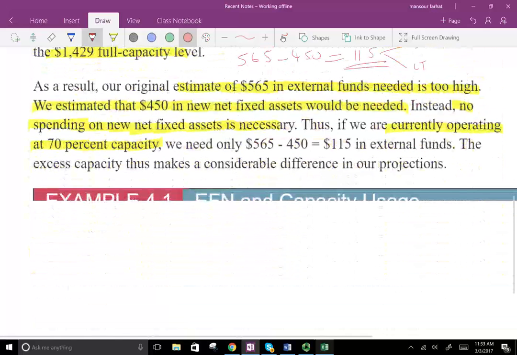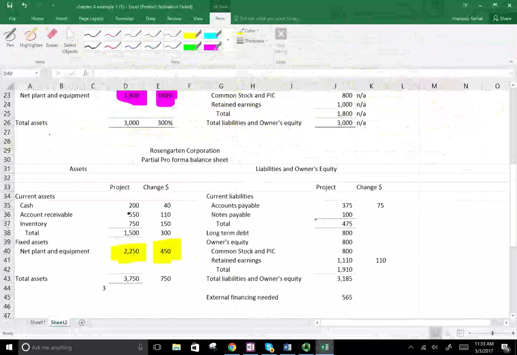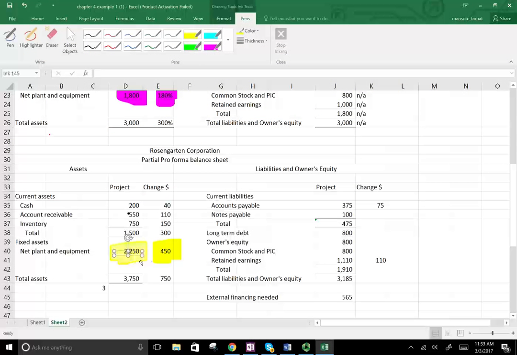Simply put, the balance sheet would look something like this. Let me just erase this stuff and show you what the balance sheet would look like. This account here, I'm going to keep at 1,800.